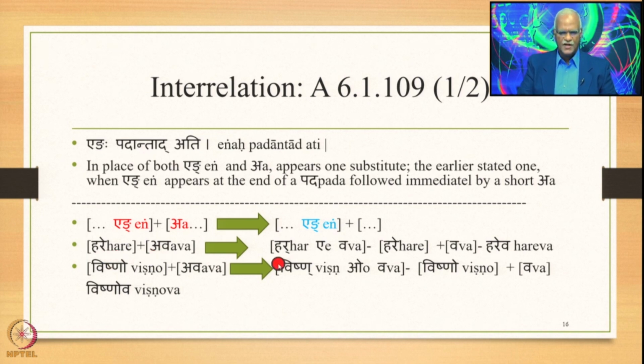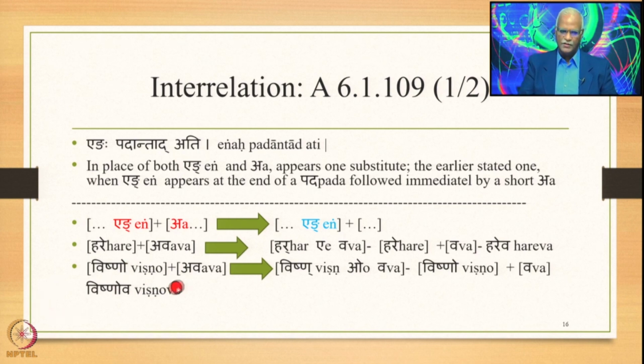So the output generated primarily is hare v. To show the boundaries, we can say that this is hare plus v, the output generated, that is hare v. Similarly, Vishnu plus ava, where u appears at the end of a pada.